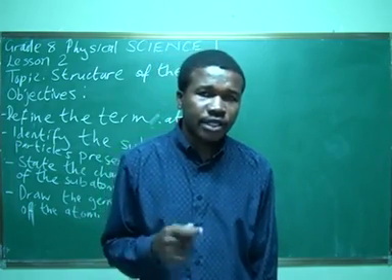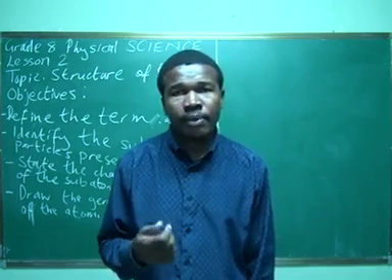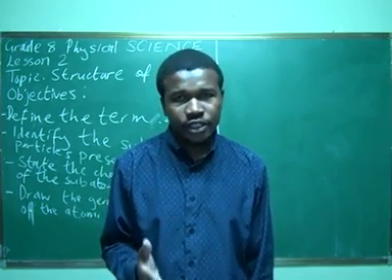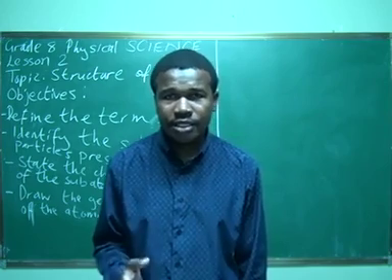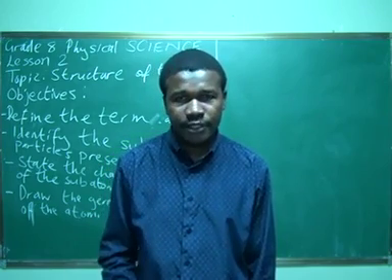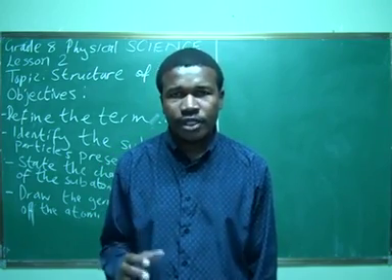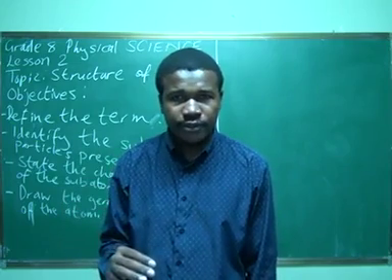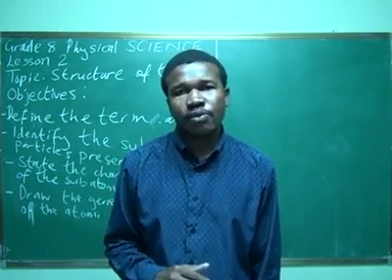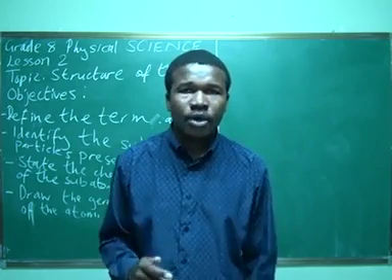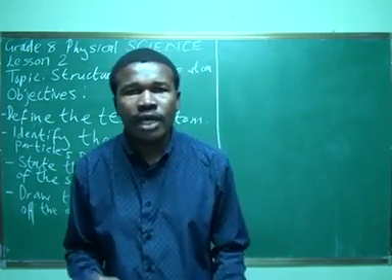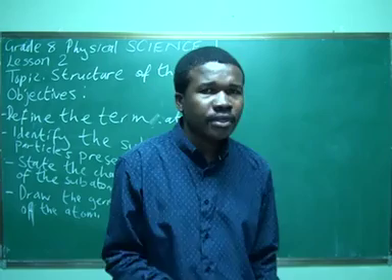At the end of this lesson as well, we should also be able to state the charges and the masses of these subatomic particles. So we're going to identify subatomic particles, and when we've identified them, we are going to be able to say, okay, this subatomic particle has a charge.